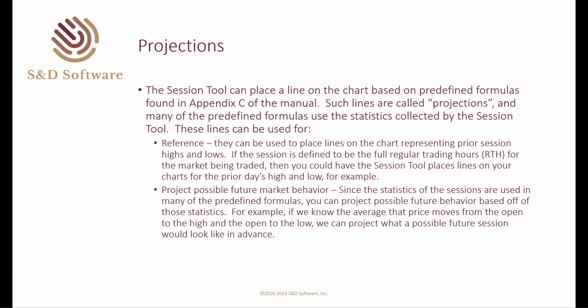Now, projections. A projection is simply a line that is put on the chart based on one of the pre-canned formulas that we have in Appendix C. And a lot of those formulas involve the statistics that are being collected by the session tool. So a lot of the lines that end up getting put on the chart with the session tool are for reference purposes.